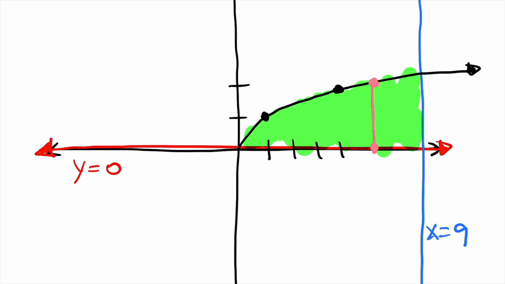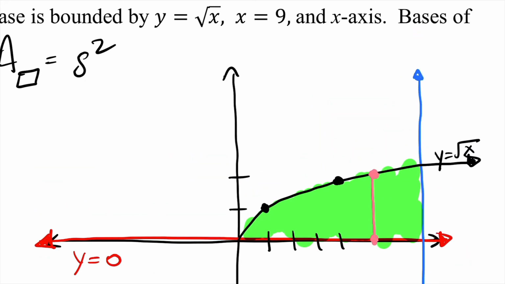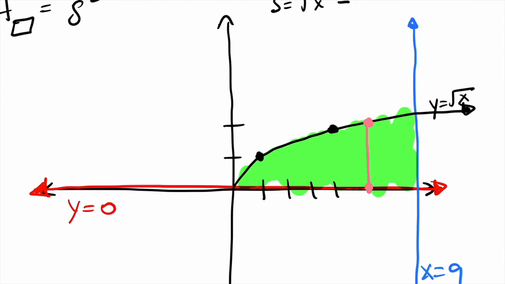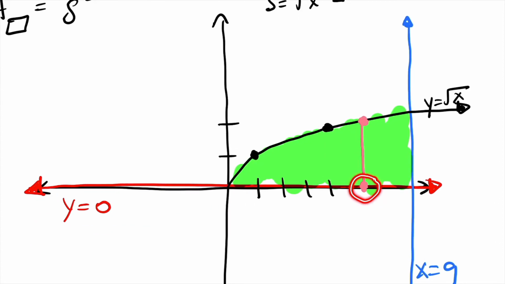So the function is y equals square root x. I would plug in x, whatever x is here, and get a y. So the side is going to be square root x, and then I'm going to subtract the y value down here.